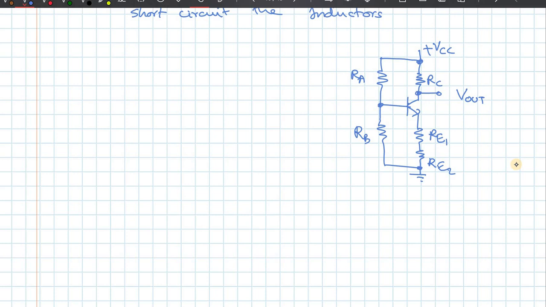What did we do earlier? We used the Thevenin's equivalent circuit of the bias circuit. So this is what we are going to do again.